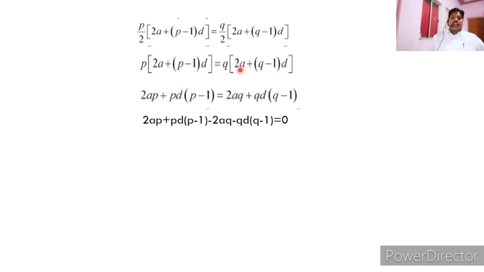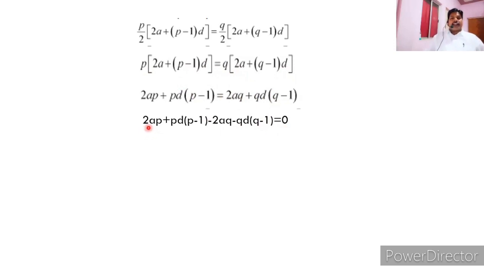After multiplication, take these two terms to the LHS side. This 2aq becomes minus 2aq, and qd into (q minus 1) becomes minus qd into (q minus 1), that is equal to 0.